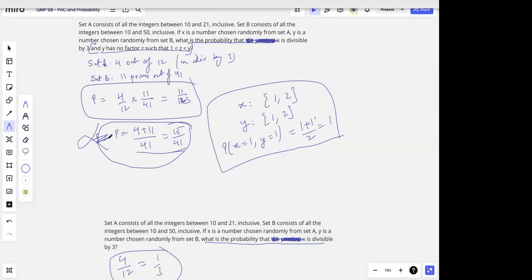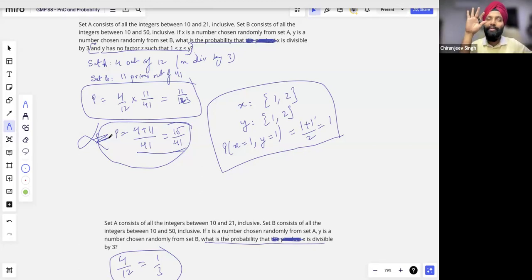So I have a set A out of which favorable condition is 4 elements out of 12, and set B in which 11 out of 41. So the numerator I considered as 4 plus 11, and in denominator I considered set A, set B both.